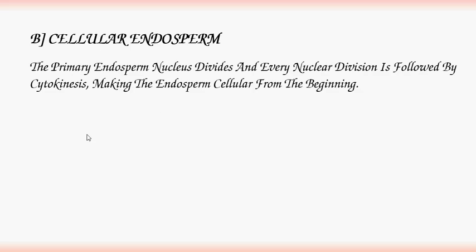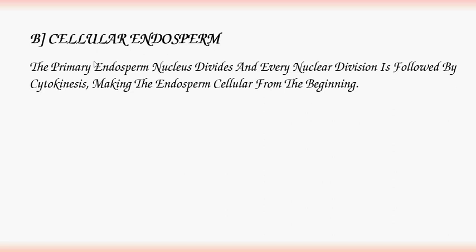Another type, cellular endosperm. The primary endosperm nucleus divides and every nuclear division is followed by cytokinesis, making the endosperm cellular from the beginning.